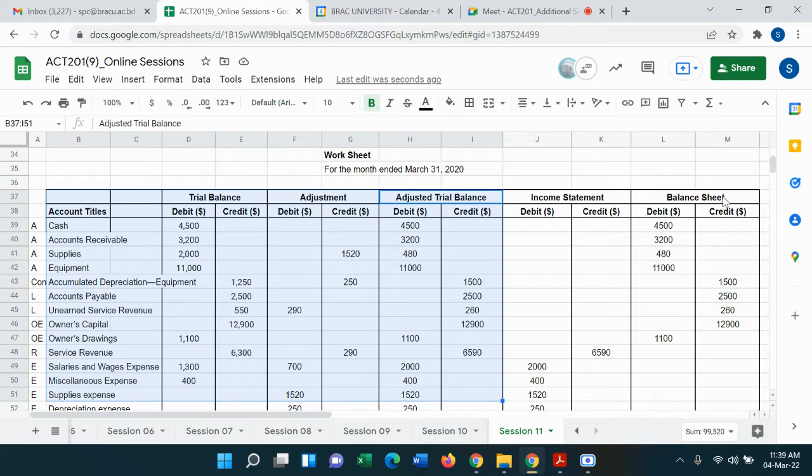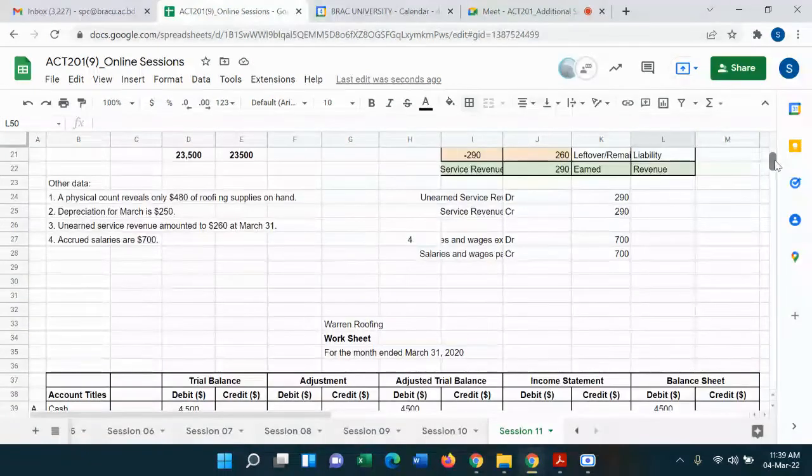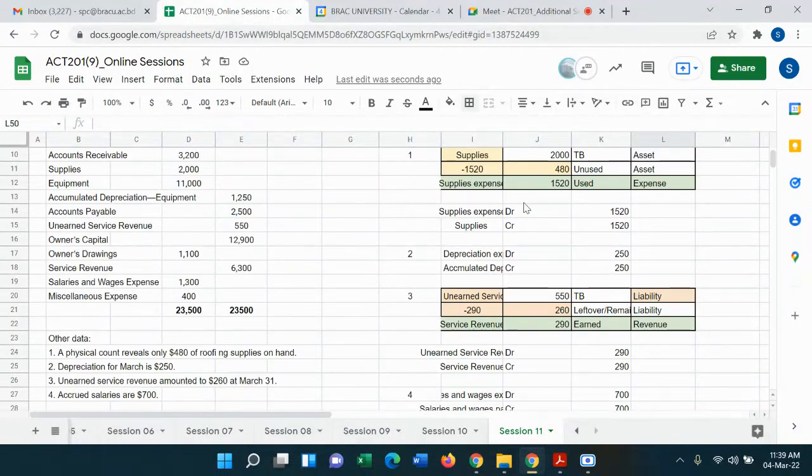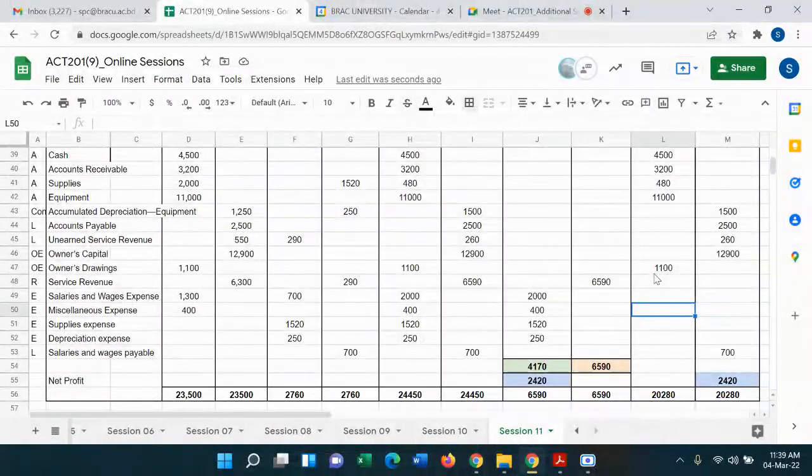And if they ask you to prepare the worksheet, then you prepare the full statement. Basically, the critical part is doing the adjustments only. If you can do the adjustment, you can easily transfer the information here and prepare the worksheet. That's not a big problem.